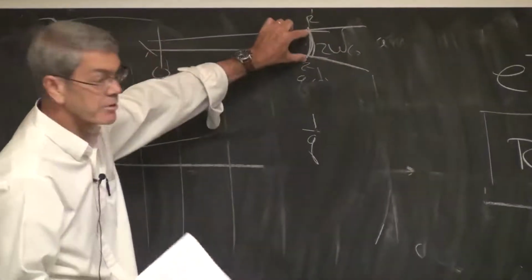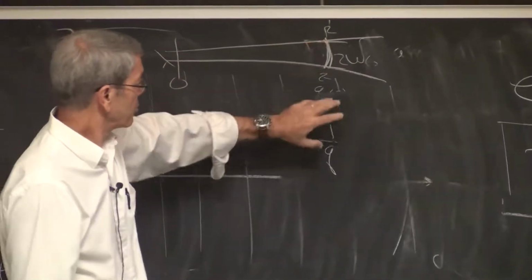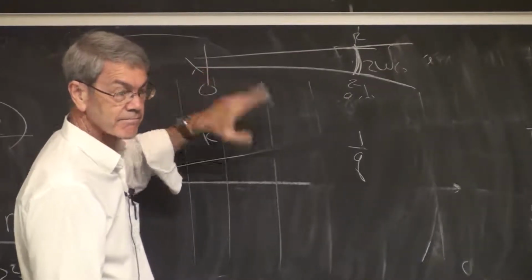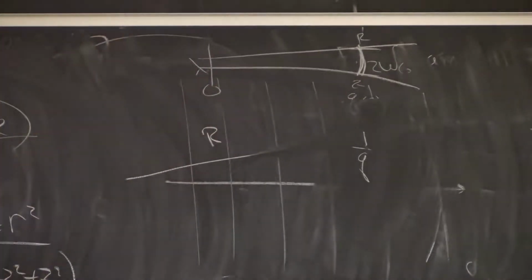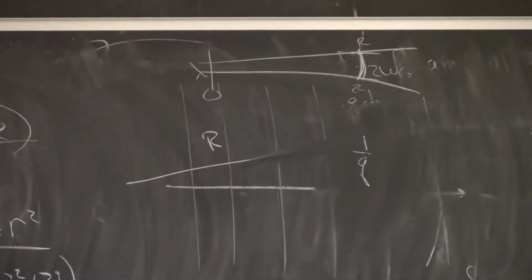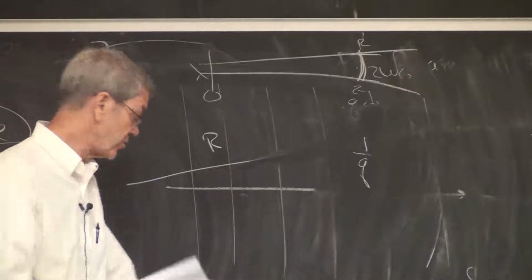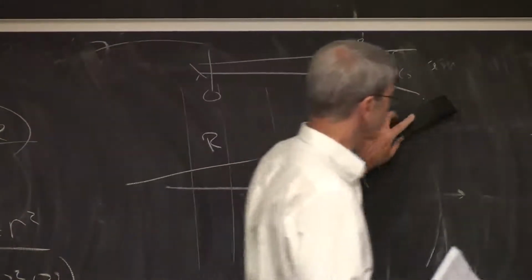So 1 over Q tells me the beam locally. Q tells me back here where the waist is. They're effectively equivalent. Once I know one, I can compute the other. So it's not like I'm getting 4 pieces of knowledge out of this. It's just getting it in different forms.